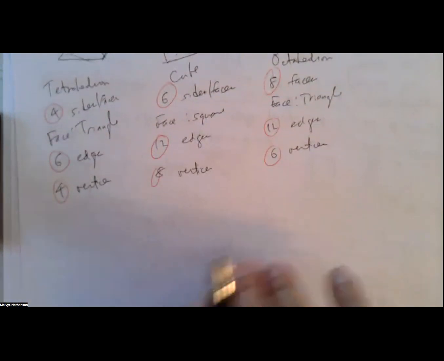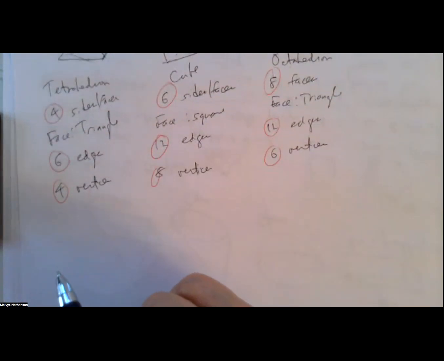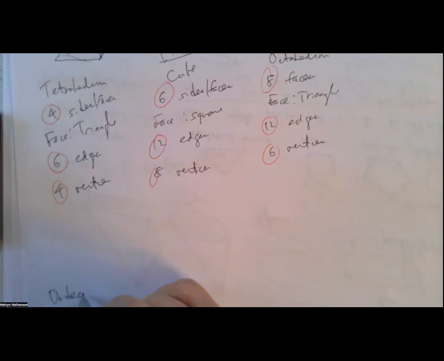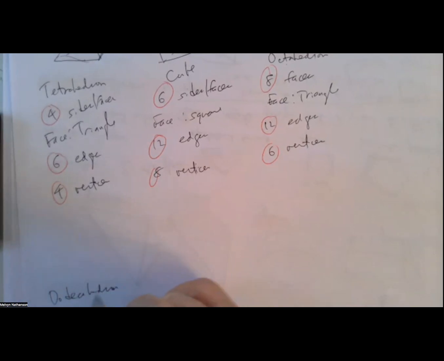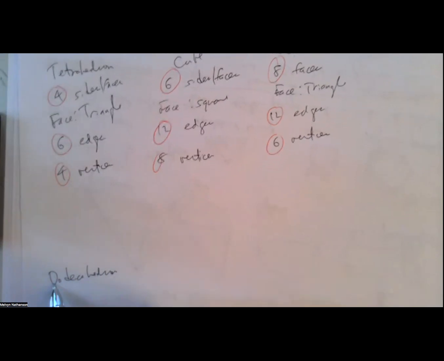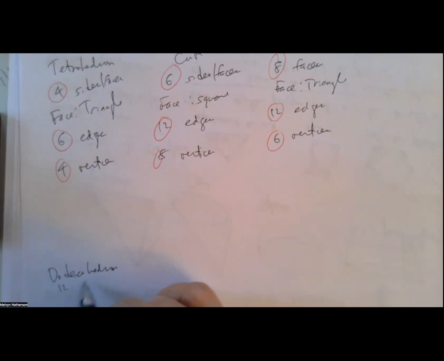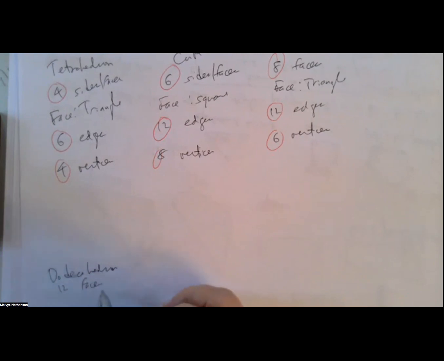Now, the next two are more complicated yet. So there is something called the dodecahedron. So hedron means side, deca is 10, do is 2, 2 plus 10 is 12. So this is going to be a regular polygon with 12 faces, and each face is a triangle.